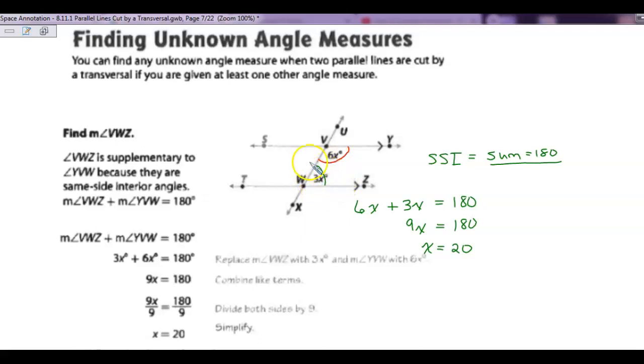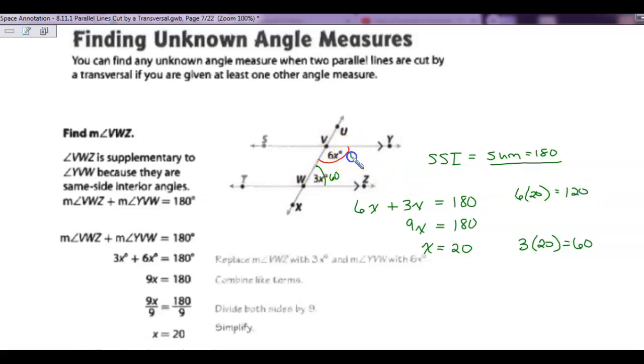Now, if they want to know what the measure of this angle is, I need to put 20 back into the 3x so that I know what the measure of that angle is. So 3 times 20 is 60. So this one is a 60-degree angle. And 6 times 20 is 120.